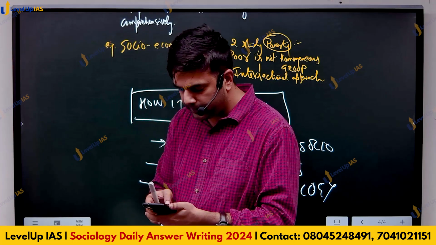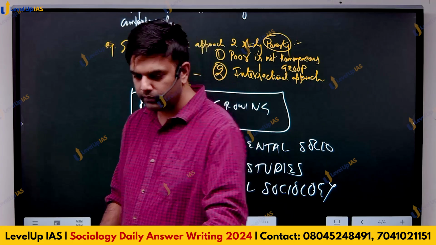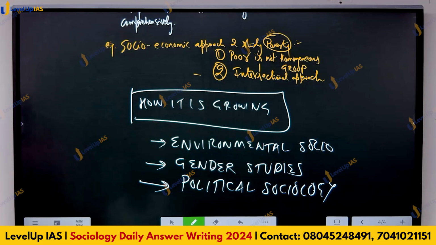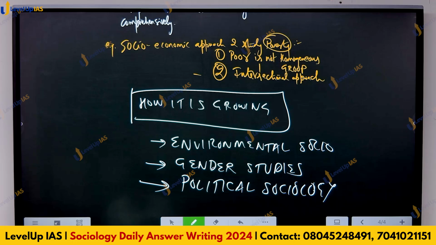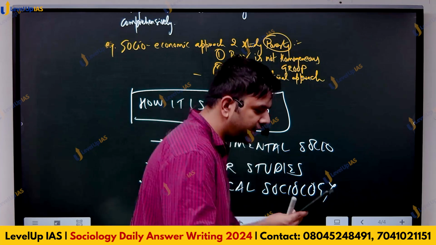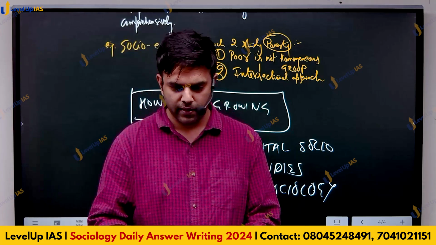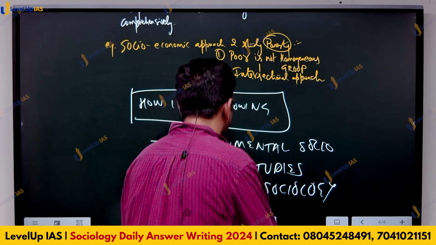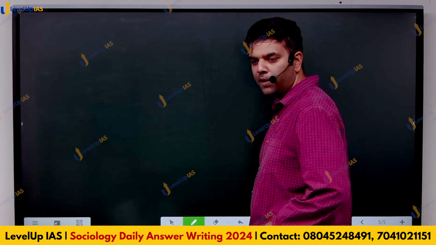Now next question was, describe the changing scope of sociology in the era of globalization. तो इसमें क्या करना है आपको? 10 मार्क्स का ये भी.